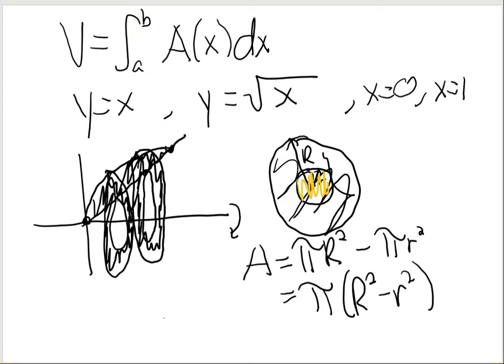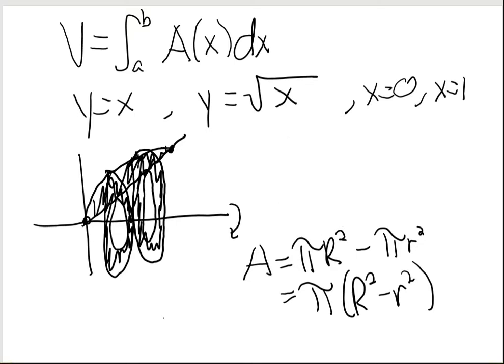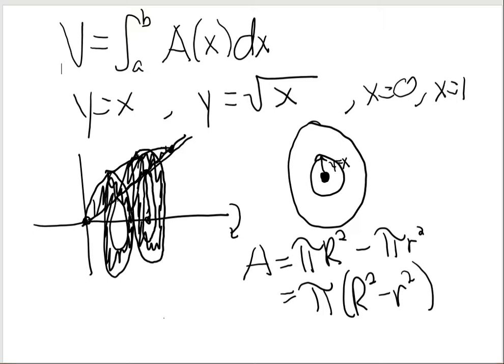Well, we could do a similar thing looking at the specific case that we did last time. So here's our washer. Here's going to be where the x-axis is. This first radius going up this way, well, that's just going to be our bottom function, right? y equals x. Because if you do y equals x, you'll get this point right here.